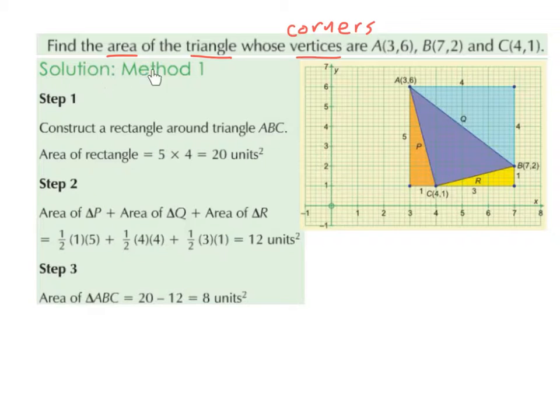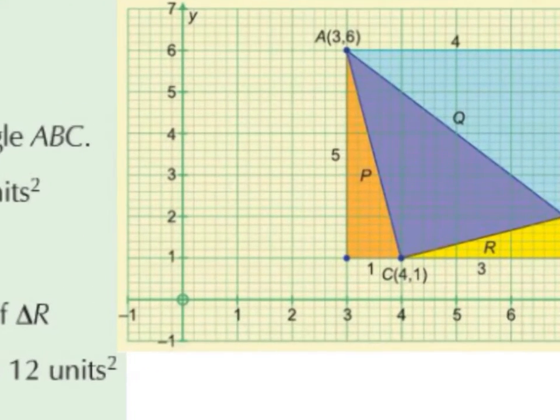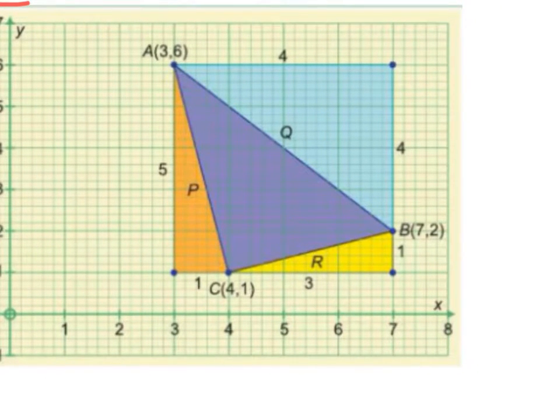So solution method 1. Step 1, construct a rectangle around the triangle ABC. We're going to draw a rectangle, and we must make sure that we touch off each corner of our triangle.